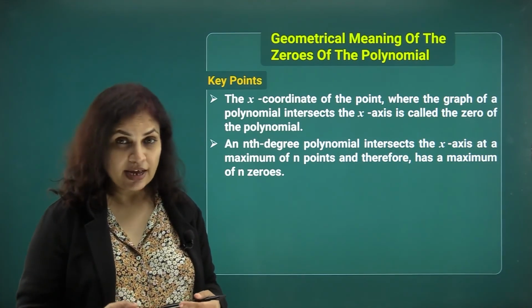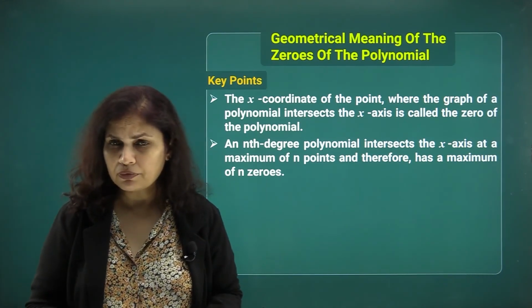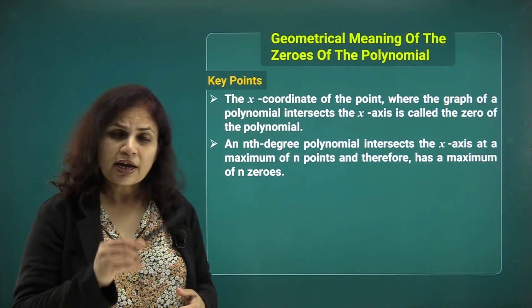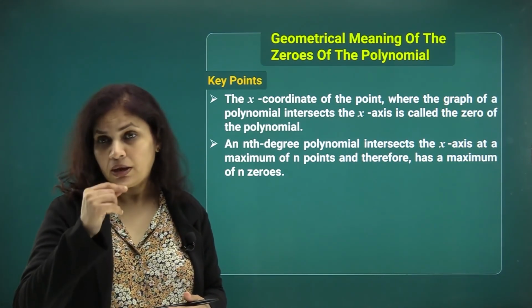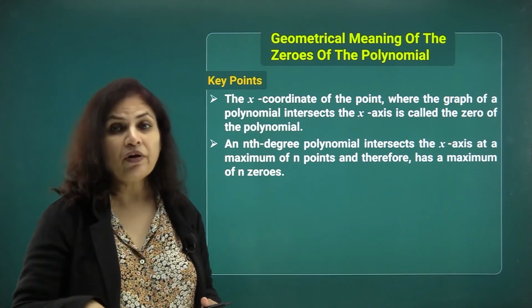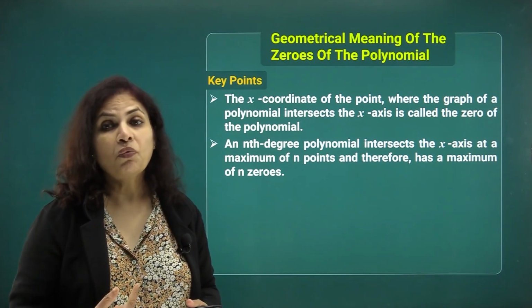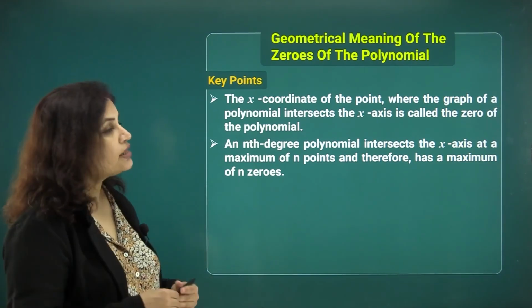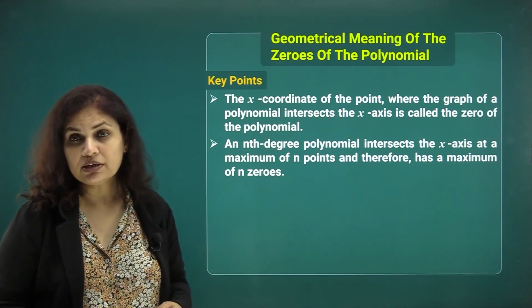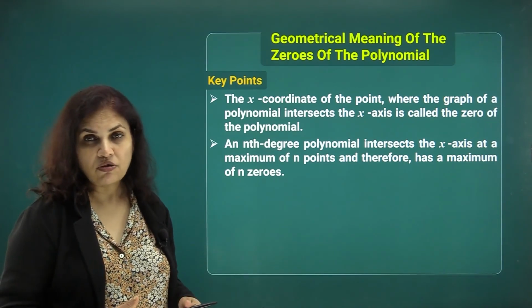It is not exact, but a maximum number. Similarly, a parabola may touch the x axis at one point. The minimum point of the parabola may lie on the x axis. In that case also, we will have only 1 zero, but maximum we can have 2. So the nth degree of a polynomial determines the maximum zeros of the polynomial.